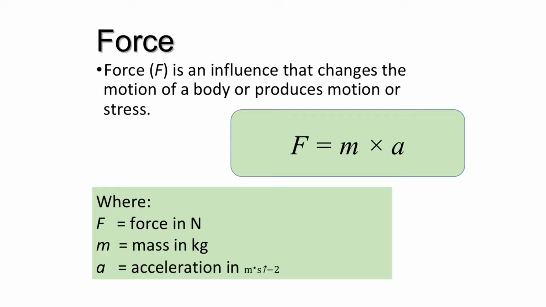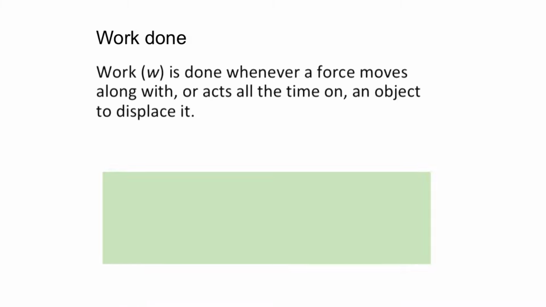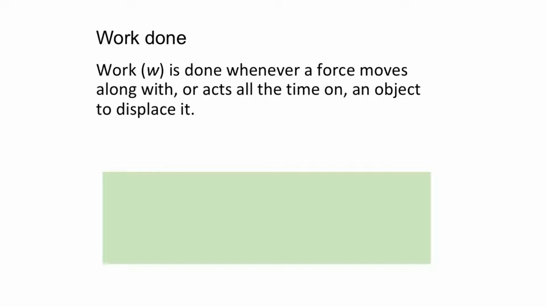And then I also want us to look at the work done. What do you mean by work done? We say work done is whenever a force moves or acts on an object to displace it.